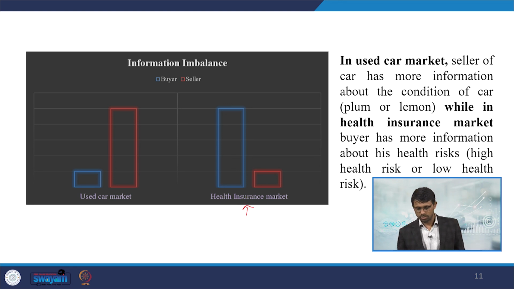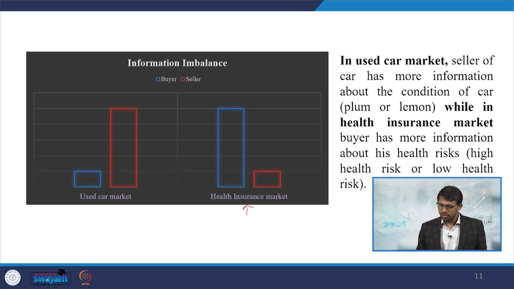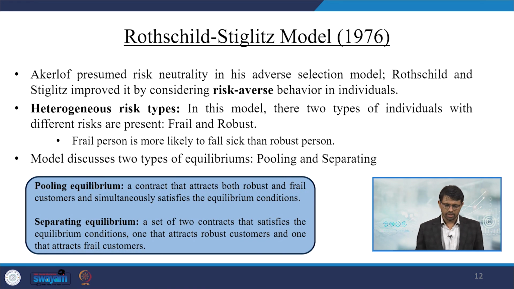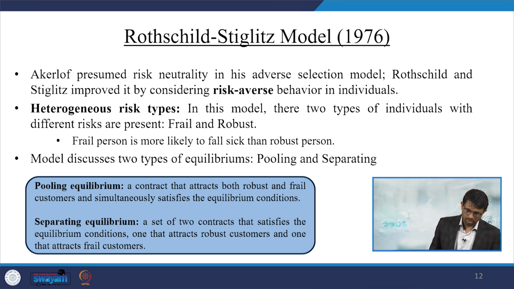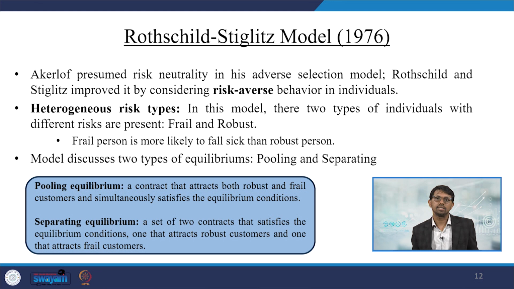Okay, some of the models will be emphasizing how the insurance market works and how adverse selection is actually dealt with. We are especially referring to the Rothschild and Stiglitz model of 1976. We start with reference to Akerlof, who presumed risk neutrality in his adverse selection model.